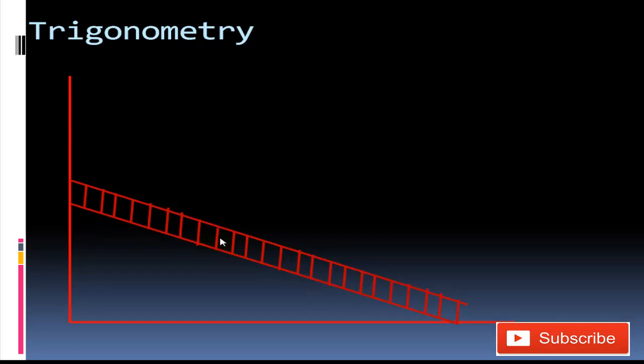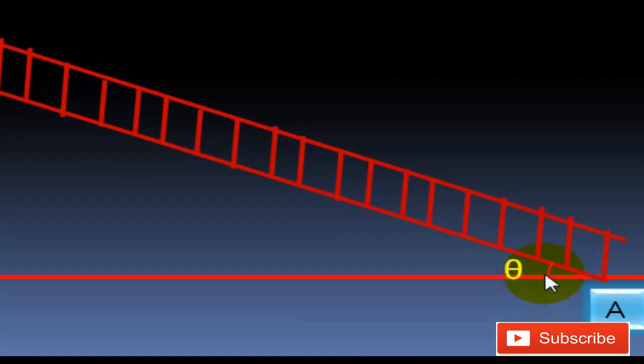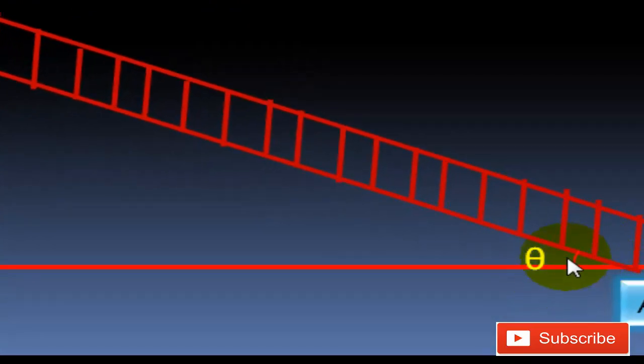In this figure, if we denote the foot of the ladder by A, the point joining the height of the wall and the base of the ladder as B, and the top of the ladder as C, then it forms a right angled triangle ABC with the right angle at B. The angle between the ladder and the ground is said to be theta. This is the angle between the ladder and the ground.